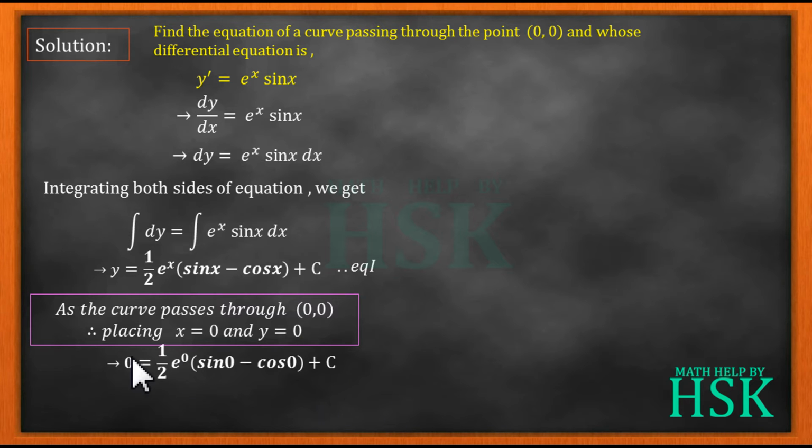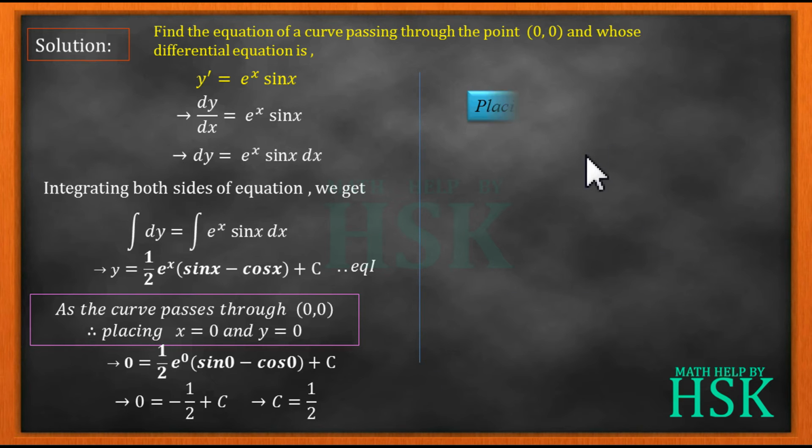So I obtain 0 as equal to 1 by 2 times e to the power of 0 into (sin 0 minus cos 0) plus c. Cos 0 is equal to 1, so I get minus 1 inside the bracket, and minus 1 into 1 by 2 is minus 1 by 2. So this gives me c is equal to 1 by 2.